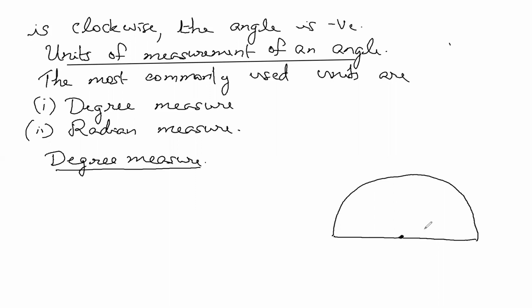And in this semicircular shaped device, how many small divisions do you have? Rachel Pinho, can you say how many small divisions you can see in a semicircular protractor? I did not hear.